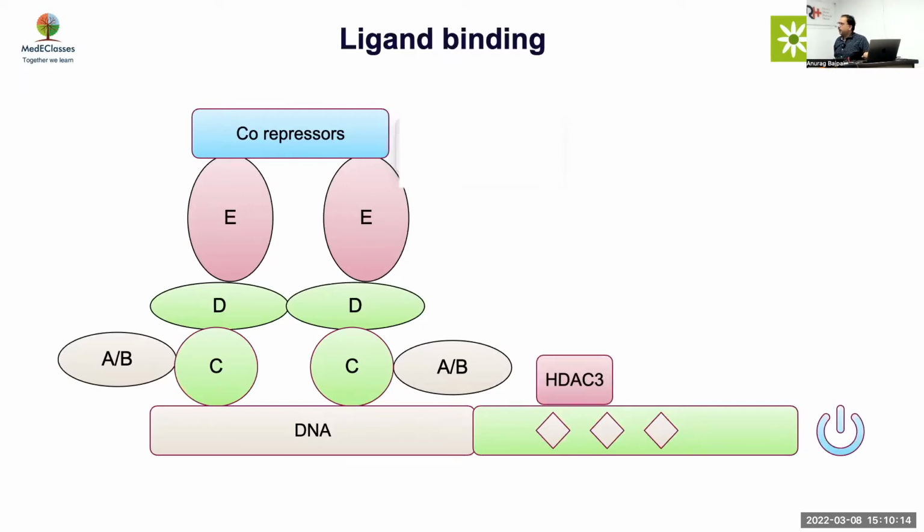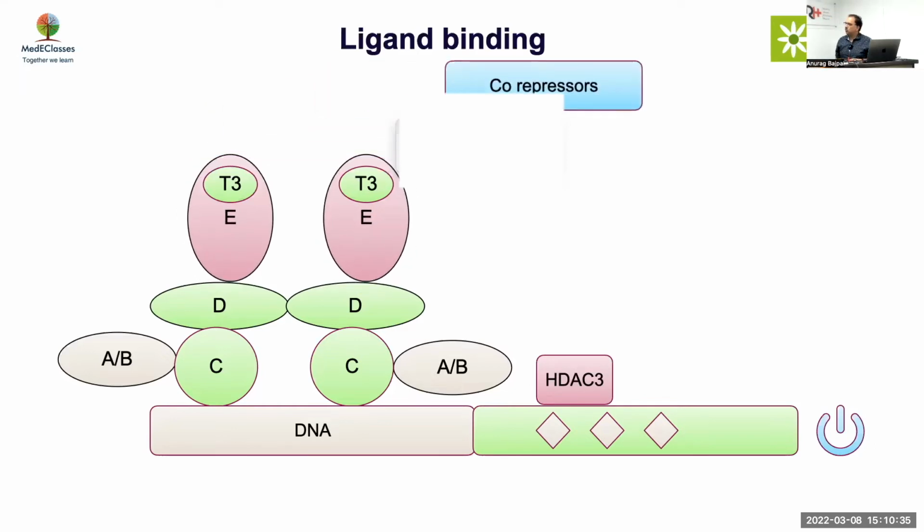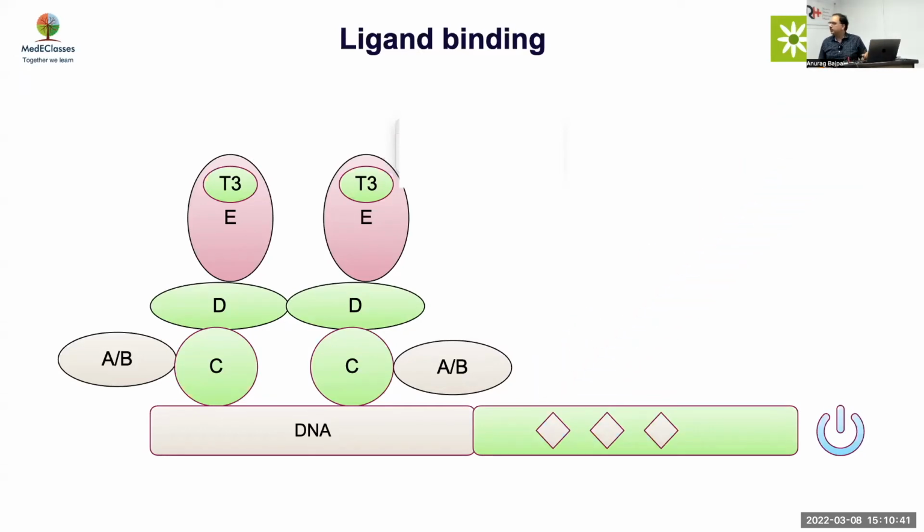Now, what would happen is that when the ligand binds, as I said, it binds to the main unit, which is the ligand binding domain, a helical structure. Once it binds there, the helical structure changes. And when the structure changes, it will push off the co-repressors. They can't bind anymore. They will go off and some new ones will be attracted to that area, which become the co-activators.